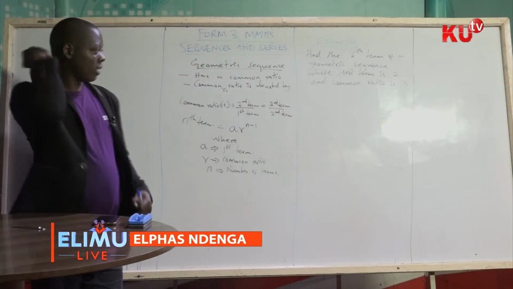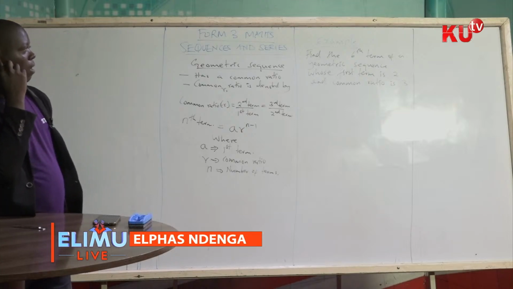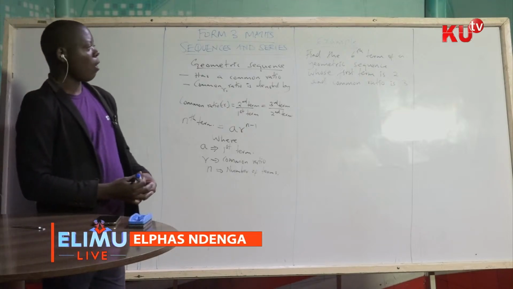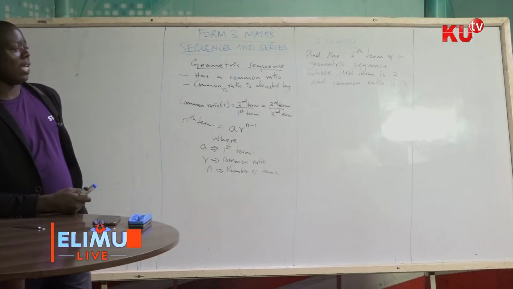So we find the sixth term of a geometric sequence whose first term is 2 and the common ratio is 3.